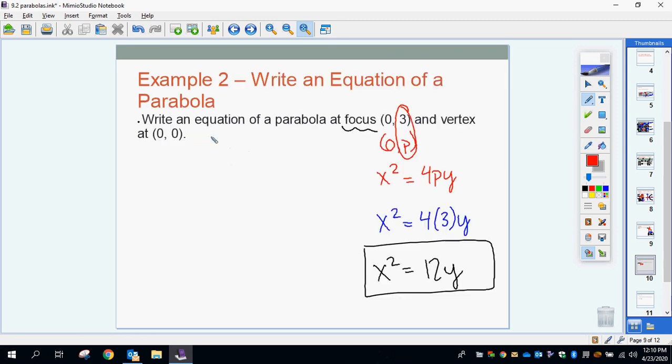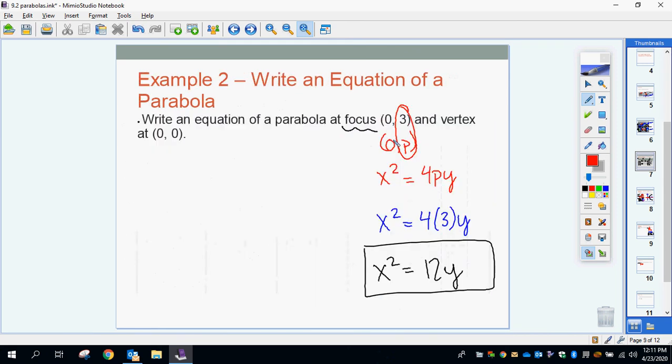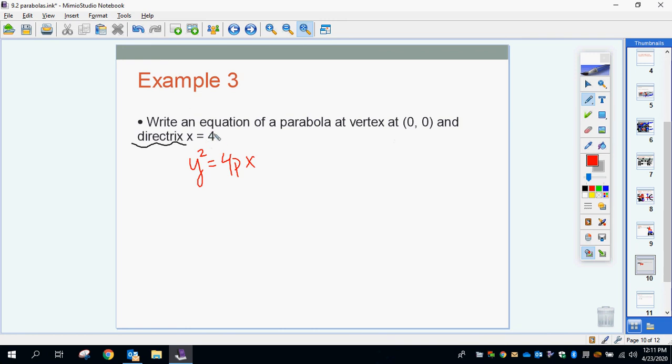And I want to go back and look at that chart underneath directrix. X equals opposite p, right? Opposite the original p that's supposed to be in the equation. So in our directrix, we need to look at the opposite of positive 4. So if in our directrix it says x equals 4, we know that our p is actually negative 4 to begin with.